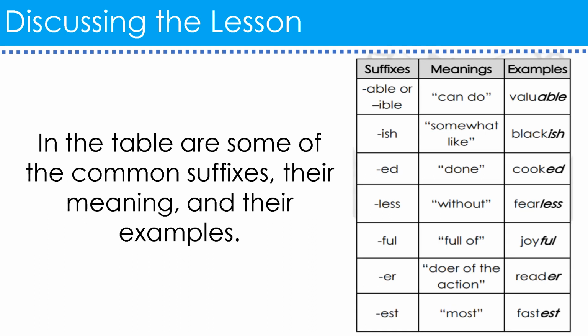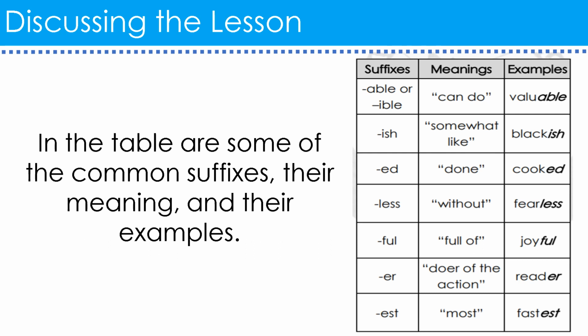Well, in this table, we have these common suffixes. Again, suffixes are the affixes that are used at the end of the root word. Okay, so ito yung dinuduktong. Ito yung tinatawag sa Tagalog na hulapi. Okay, so these are some of the common suffixes. We have able or ible, ish, ed, less, full, er, and est.